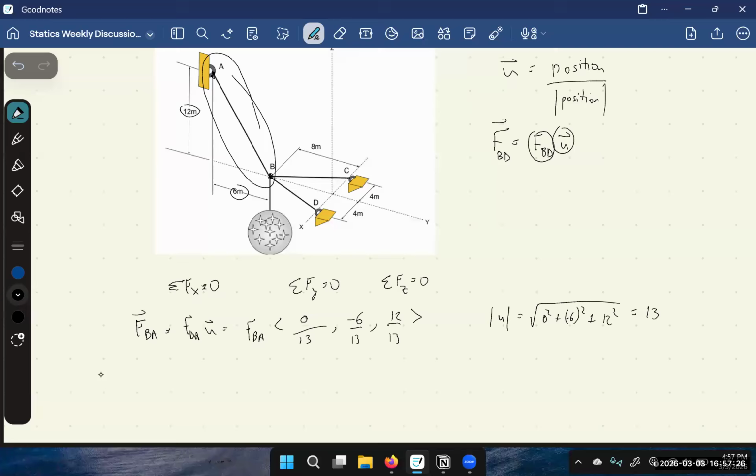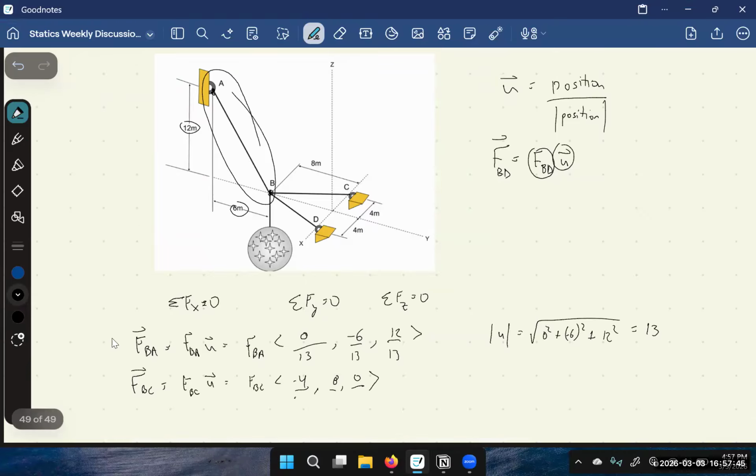We do that for the rest of them. FBC, unit vector U. FBC is -4, 8, and 0. Looking from B to C, the distance in the x, from point B to point C, there's a 4-meter distance, and it's in the negative part of the x axis.